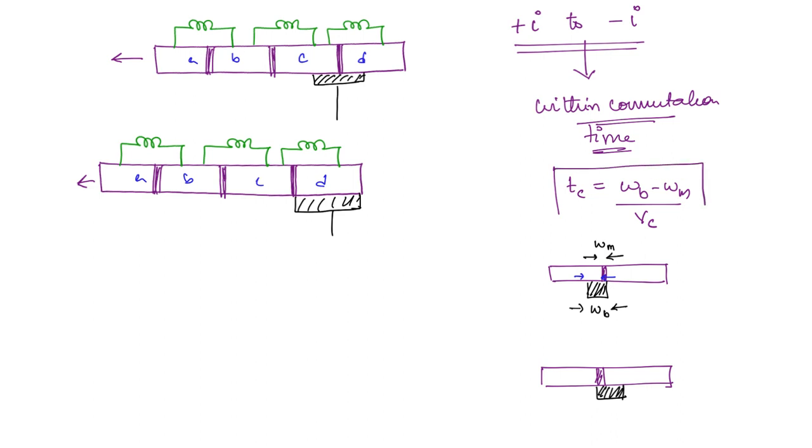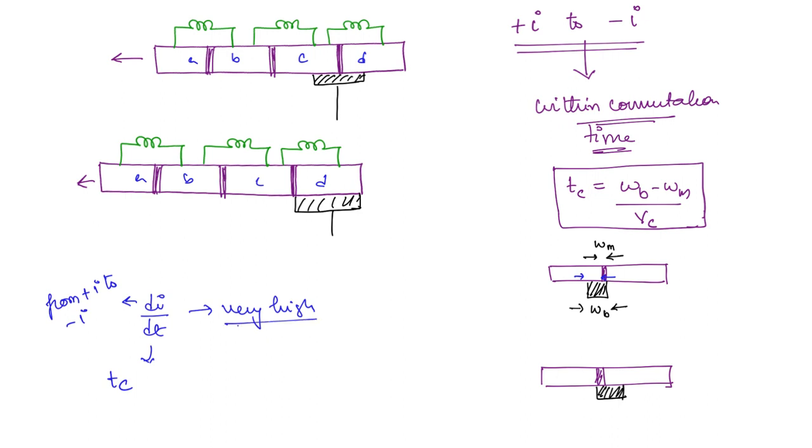Now the change of current from plus I to minus I within this commutation period, if you find that value for practical machines, it is going to be quite high. So di/dt is going to be very high. What is di? This is the change from plus I to minus I, and dt is the commutation period Tc.